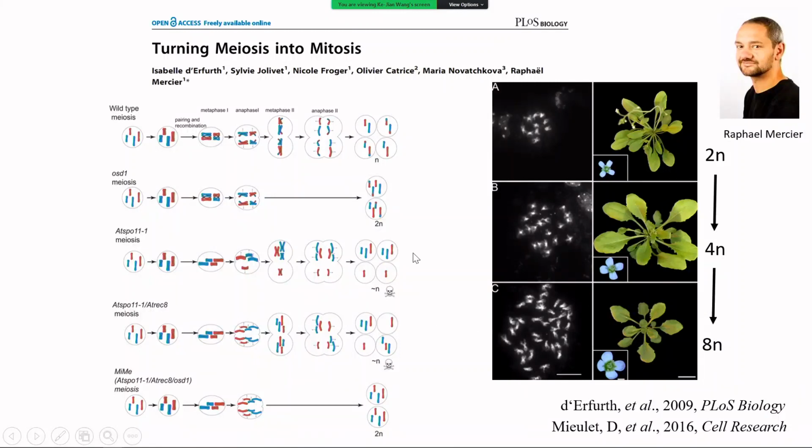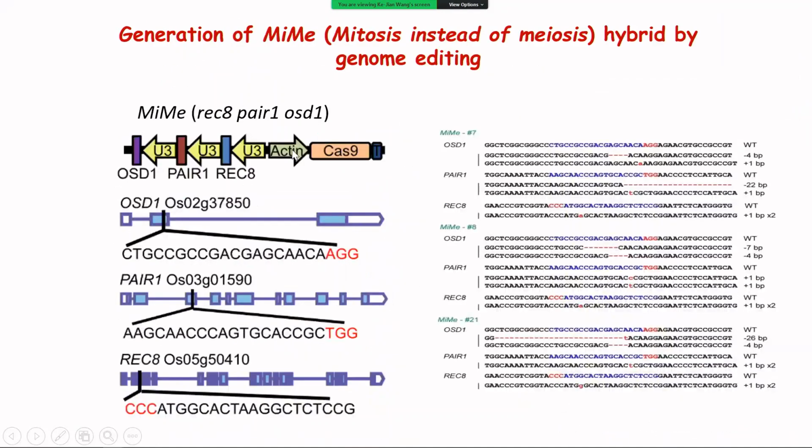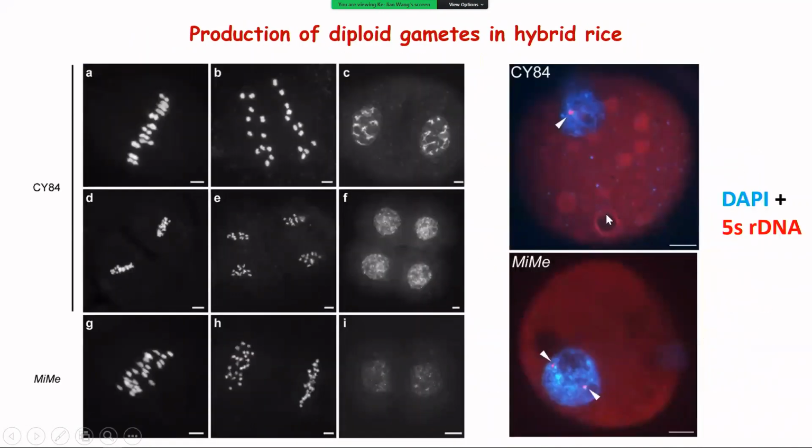To test whether Mimic also works in hybrid rice, we selected the three genes, REC8, PAIR1, and OSD1, for simultaneous mutation in CY84, the hybrid variety. After DNA sequencing, the triple mutants were identified and used for our analysis.